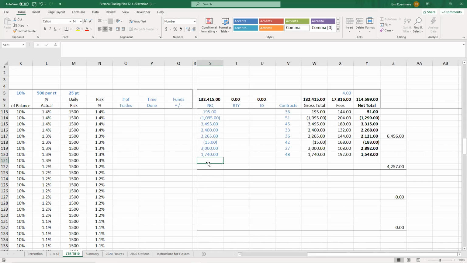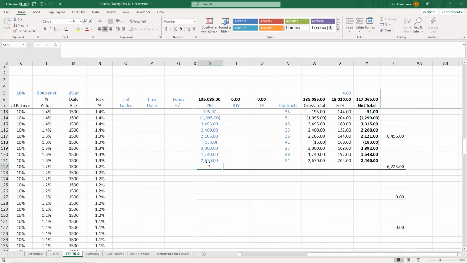So Thursday, 44.5 points of profit at $20 a point and 3 contracts. So that's $2,670 of profit. There were 17 trades, again 3 contracts, so 51 total contracts.